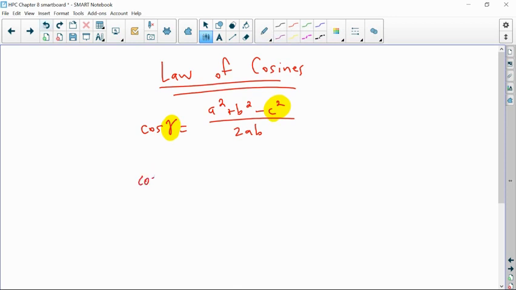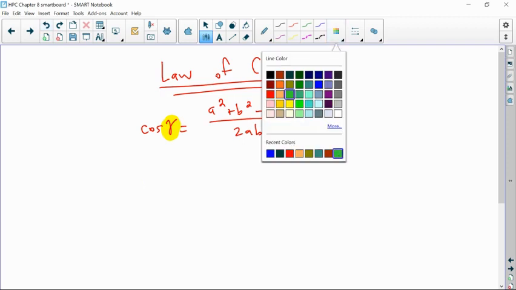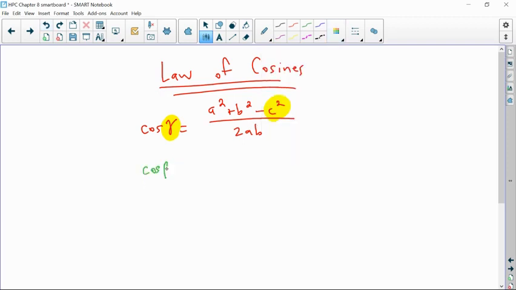Let's go to green. I could have said cosine of beta. So then that would have meant a squared plus c squared minus b squared over 2ac. And again, just making sure that this b corresponds to this b, you'd be fine.